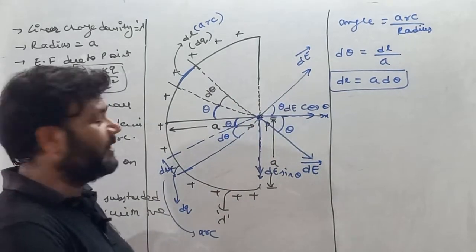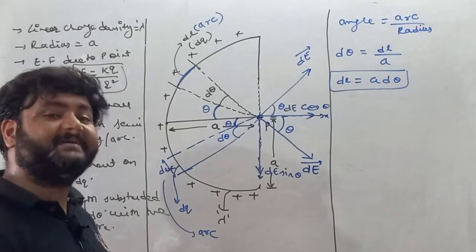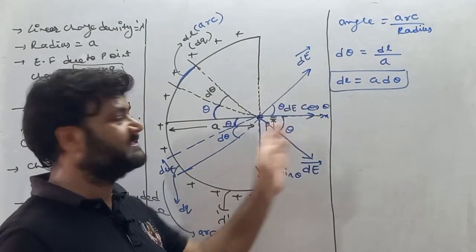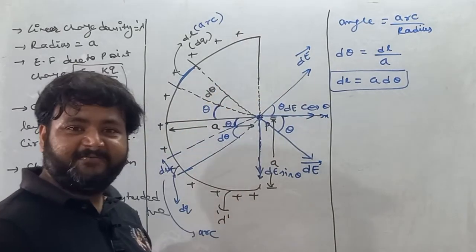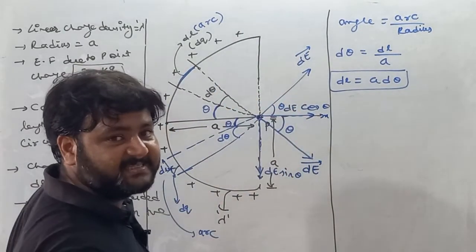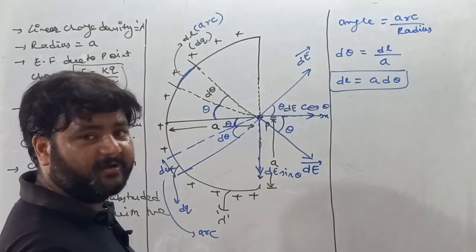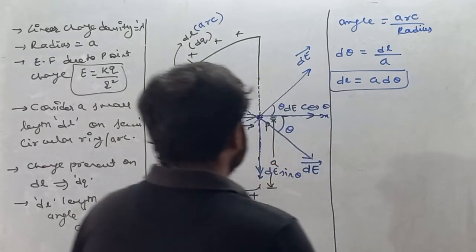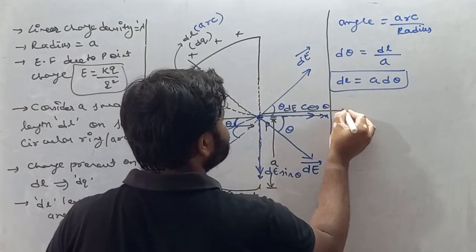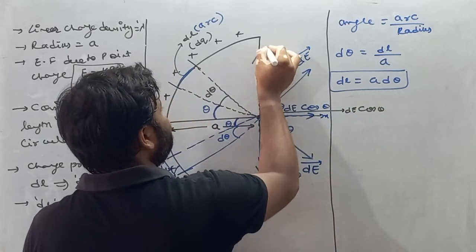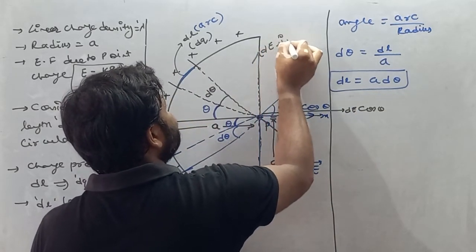Now again, we have to split the components of electric field, because this electric field cannot lie along the x-axis or along the y-axis. Angle is formed with the x-axis, so the cos component will be along the x-axis and the sine component will be along the y-axis. So along the x-axis it is dE cos theta and along the y-axis it is dE sin theta.